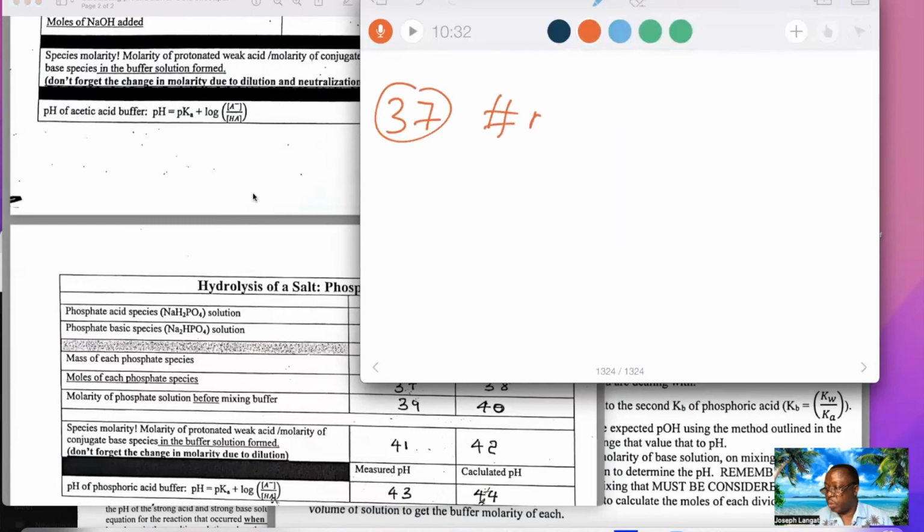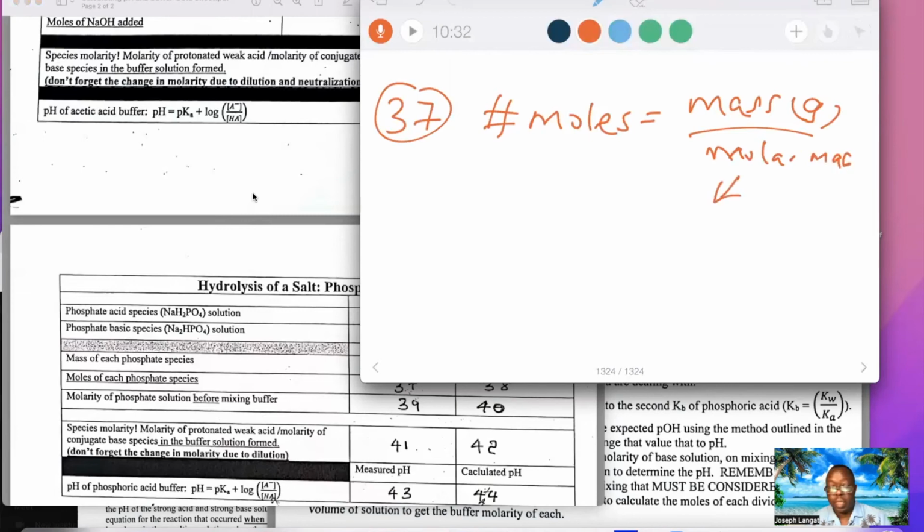Number of moles is given by mass in grams over molar mass. And the molar mass for number 37 is what?